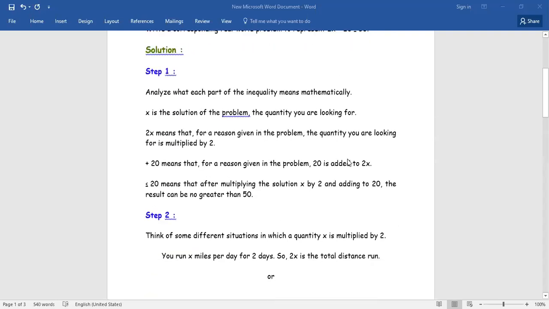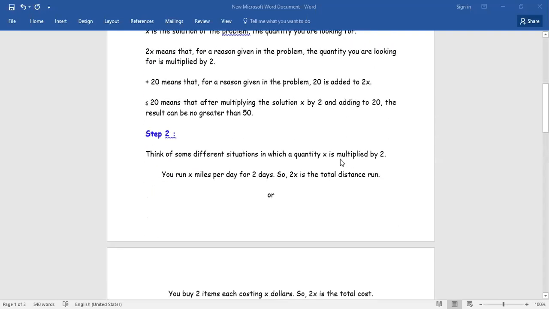Then the second step: think of some different situations in which a quantity x is multiplied by 2. For example, you run x miles per day for 2 days, so 2x is the total distance run.